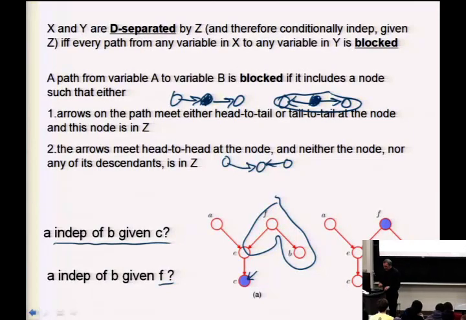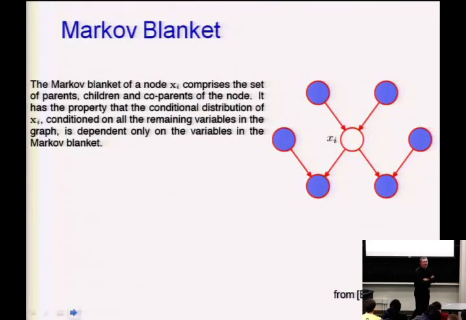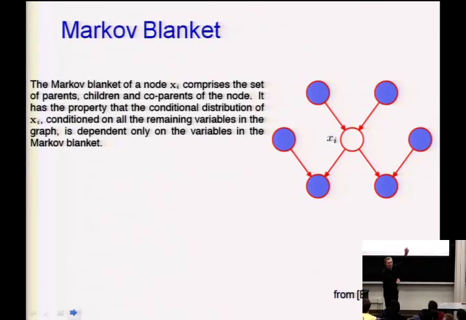Let me say one more thing before we end. A corollary of all this conditional independence stuff is the following question: what is the Markov blanket? Put another way, what are the nodes that we need to know in order to fully determine the probability distribution on X sub I?